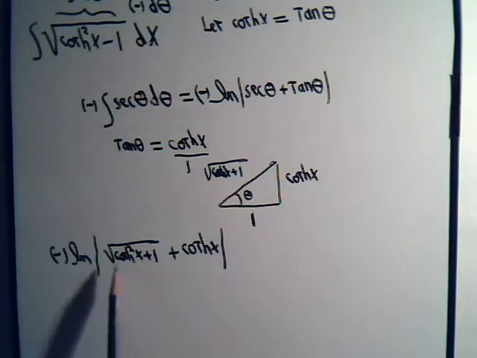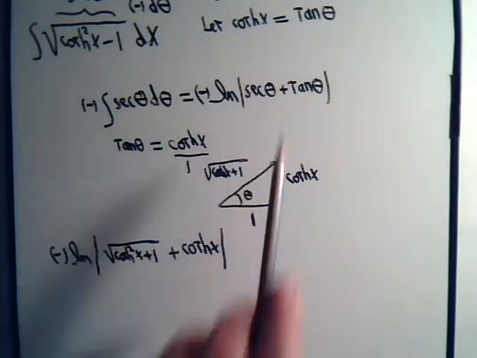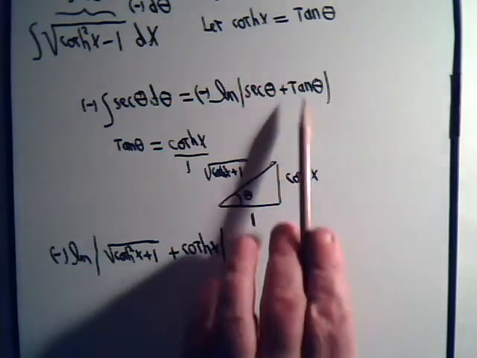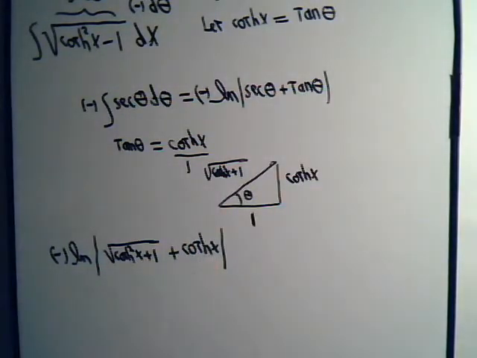This divided by 1 would be the secant of theta, and this divided by 1 would be the tangent of theta.